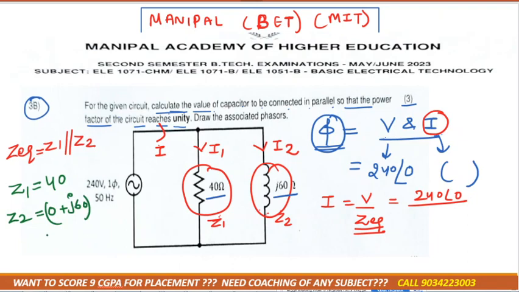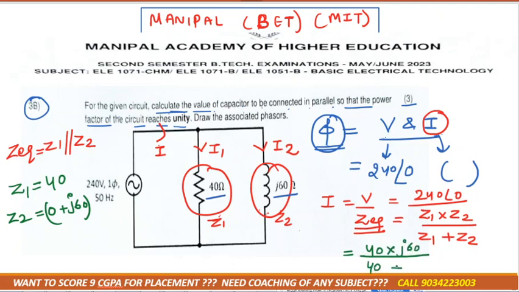If these two impedances are connected in parallel, then Z equivalent would be Z1 into Z2 divided by Z1 plus Z2. Correct? Z1 is 40, Z2 is j60.